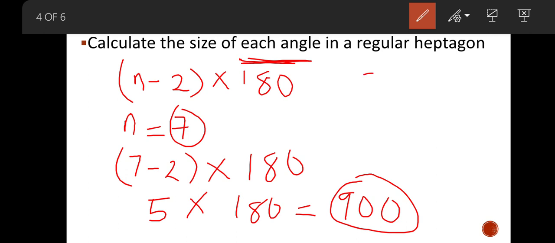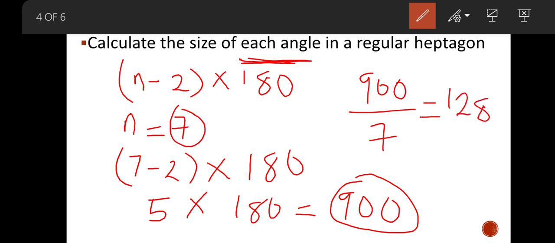So we have 900 over 7, which gives 128 remainder 4 over 7. We can also convert this to a decimal fraction. So 128 and 4 over 7 is the size of each angle of a regular heptagon.